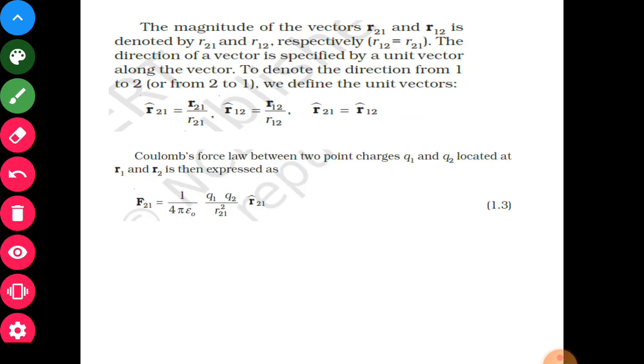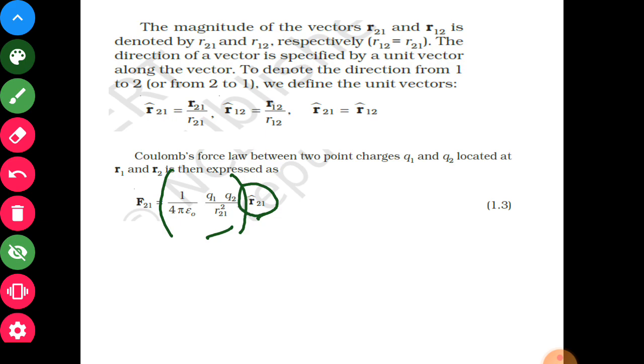So if you write Coulomb's law, that is the force experienced by the second charge due to the first charge, force on 2 by 1, then the magnitude is going to remain constant: 1 upon 4 pi epsilon 0, q1 q2 upon the distance between them squared, that is r21 square. But here it becomes unit vector r21.